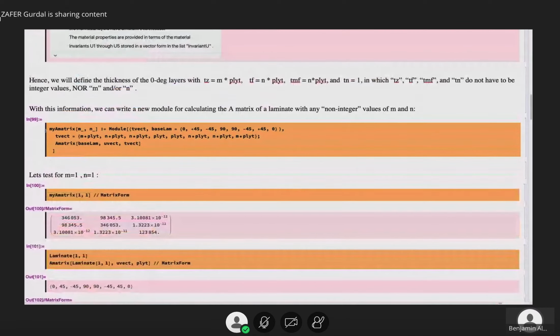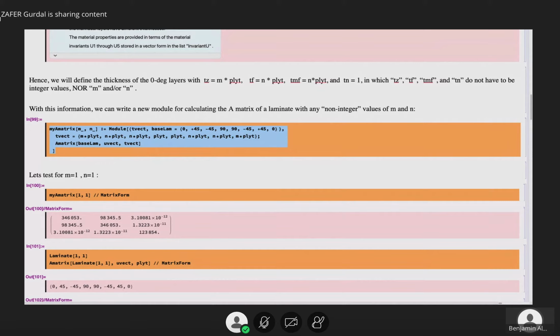And that was this A matrix calculation, which set up the A matrix for 0 sub m, plus-minus 45 sub n, and 90 degree ply. So this is zeros, plus-minus 45, and 90. If you have different orientations, you have to rewrite this A matrix module. I created this as a module in here. This is the only programming that you have to do to be able to do your design.